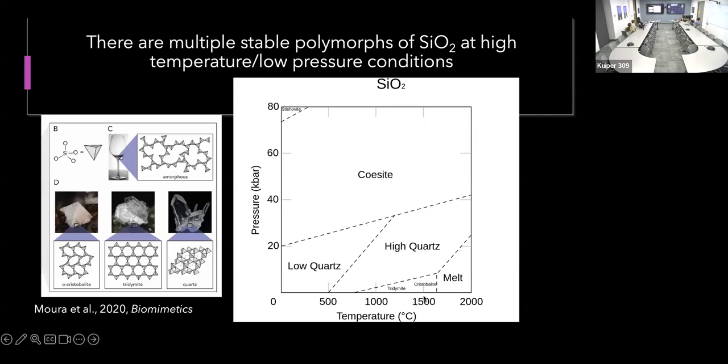And then temperature is in Celsius, but you can see quartz is down here below 500 C. And then you've got melt here, but all in between you have these two forms, cristobalite and tridymite. And so these are just different representations of the crystal structure that results when you have these different temperatures. And you can imagine that if the crystal structures are different, then the bond lengths are also different, so that's going to change their spectrum.